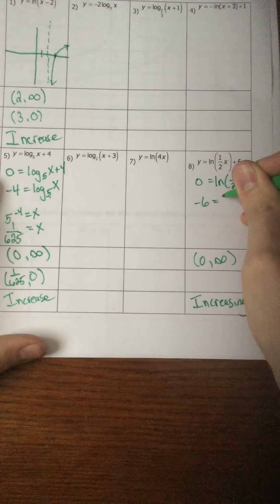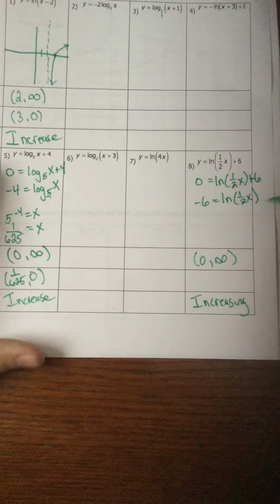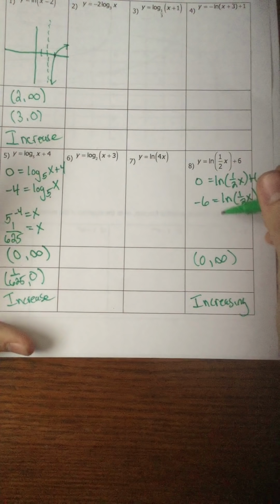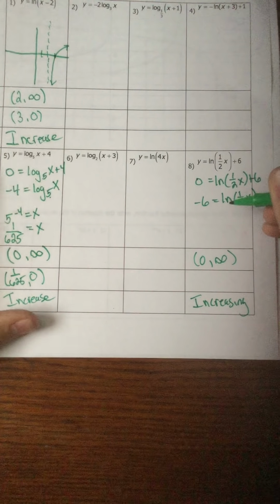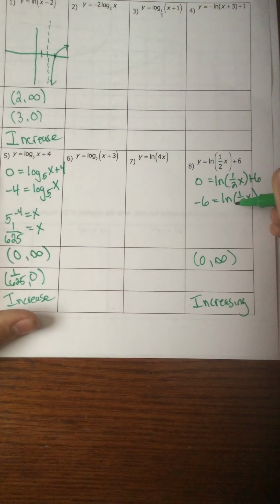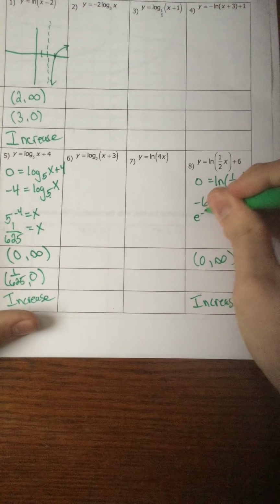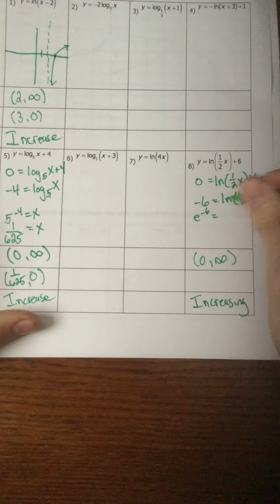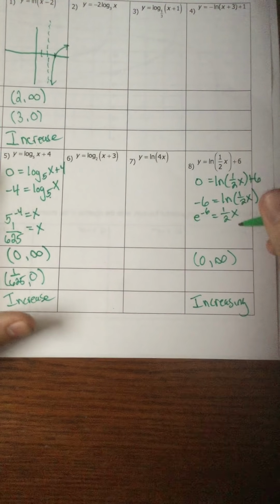Negative 6 is equal to ln, natural log of 1/2 x. All right, now careful. Again, secure your big boy pants. What you got to do is rewrite this as an exponential. So natural log, base e, right? e to the negative 6 is equal to this stuff, 1/2 x.